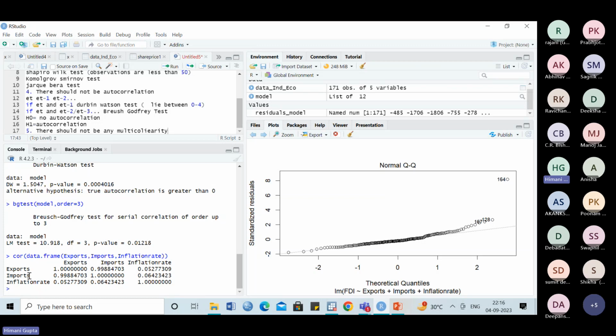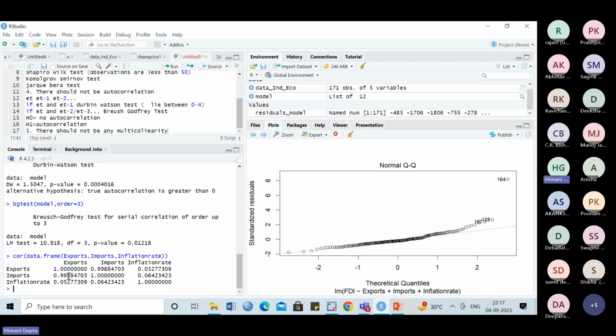Now you will see that imports and exports, their correlation is 0.998. That means they are highly correlated. So what does it show? If I am going to take both the variables, exports and imports, in my linear model, in whatever regression equation I am creating, as independent variables, my results will be biased.